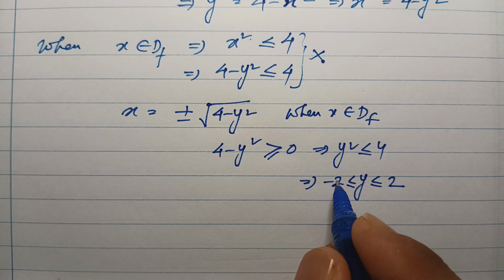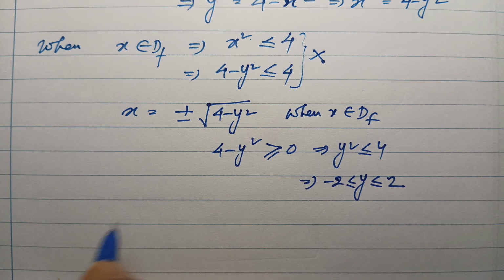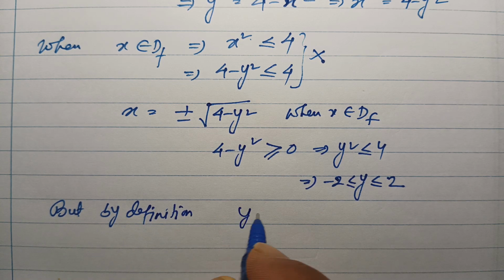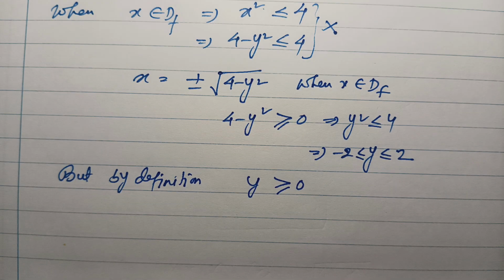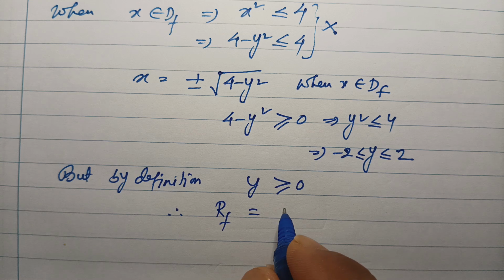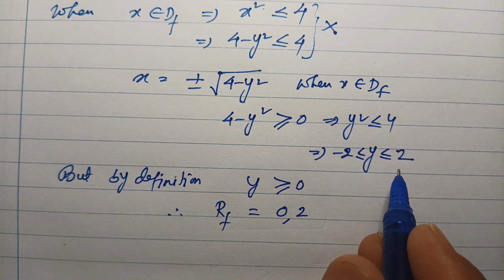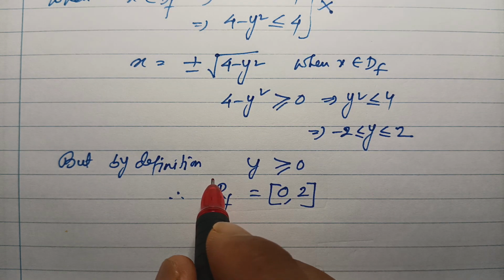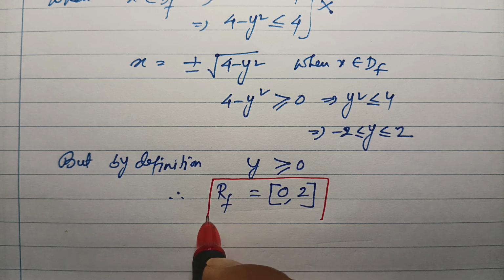So that means y ka range is from minus 2 to 2, but by definition y is greater than or equal to 0. So therefore the range of this function is 0 to 2, because the maximum upper bound is put by here, the lower bound is put by definition. So the required range of this function is 0 to 2.